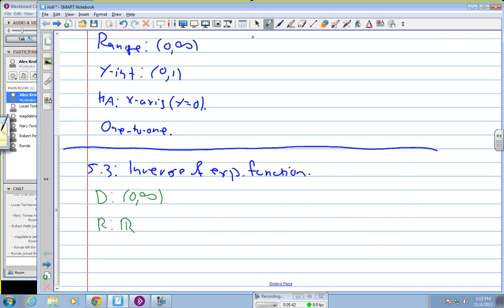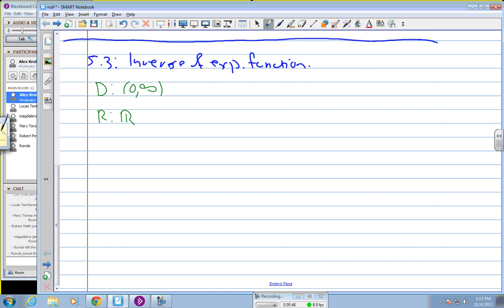So now I can sketch the graph of that inverse, right? Let's just focus on the case where a is greater than 1. So this right here is a graph of a to the power x, right?